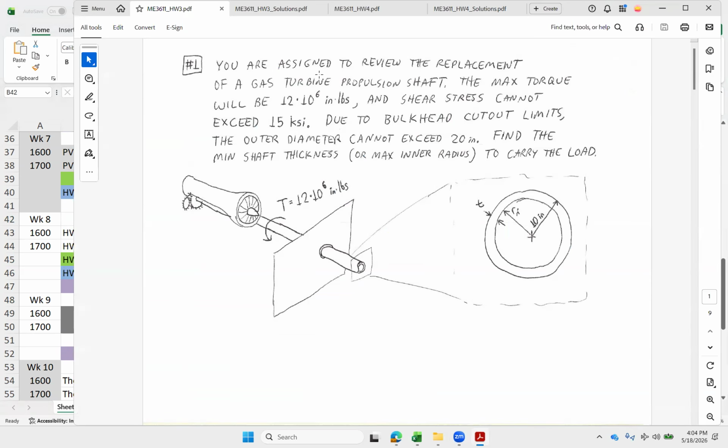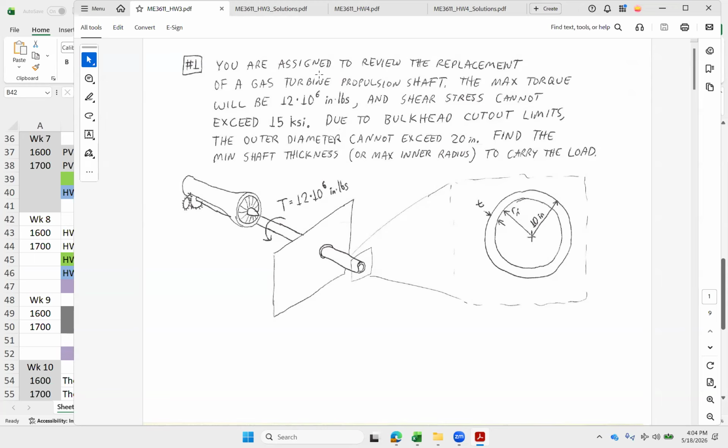All right, so let's start out with our torsional problems. Here, we're just going to use our circular bar theory. We're replacing a gas turbine propulsion shaft. Max torque is going to be 12 million inch-pounds. And our maximum shear stress for the material, we want to keep under 15 KSI, so 15,000 PSI. Because of our bulkhead cutout limits, our outer diameter of the shaft can't exceed 20 inches.